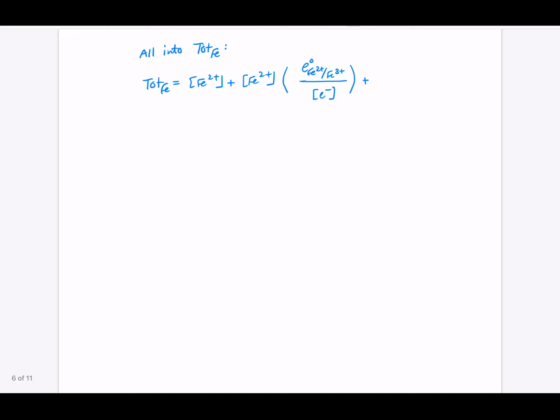Then all the complexes. So that's the first complex for Fe2+, then the second complex for Fe2+, then the third one for Fe2+.